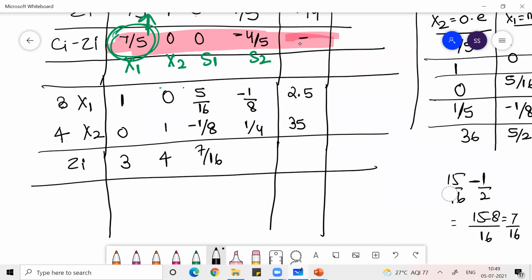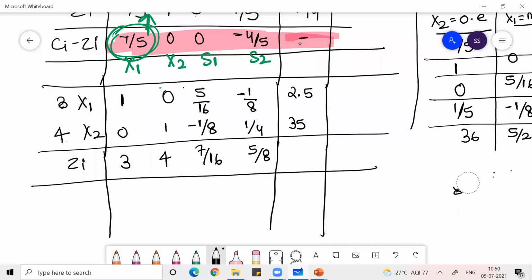And then the last one, this would be 3 into minus 1 by 8, minus 3 by 8, plus 4 into 1 by 4 is 1. So 1 minus 3 by 8 means 5 by 8.